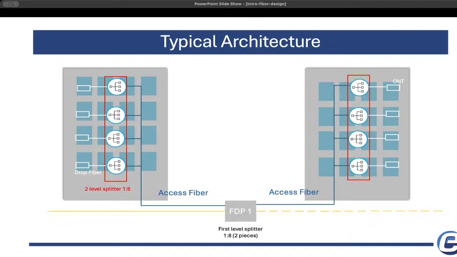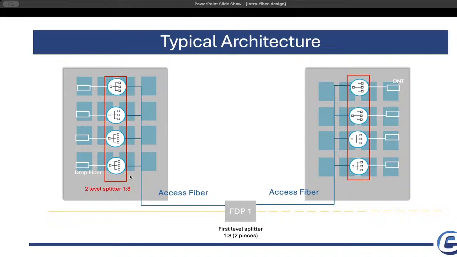This is the typical architecture of a fiber run. So you have your first level splitter, and from there you have 1 to 8. You split it into 2 pieces, and in the building you have 8 or 4 connectors. Then you take your trunk fiber or your backbone fiber and connect it inside the building, and you have your splitters on each floor.